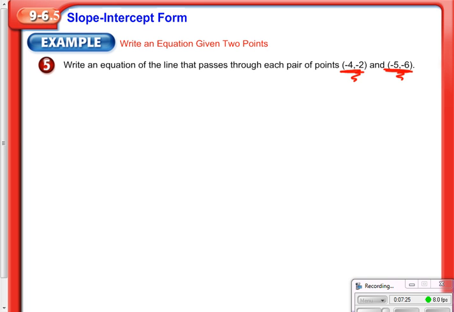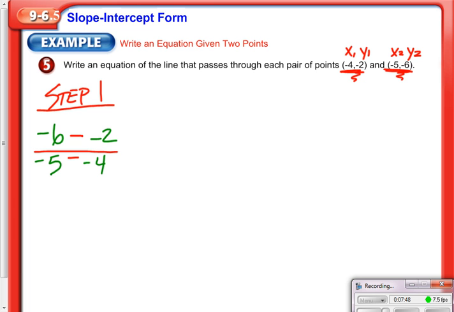I think on some of the packets they were off. So we have x1, y1, x2, y2. We'll write this template down here for step 1, and I want you to go ahead and pause the video right now and work through it and see what we come up with.